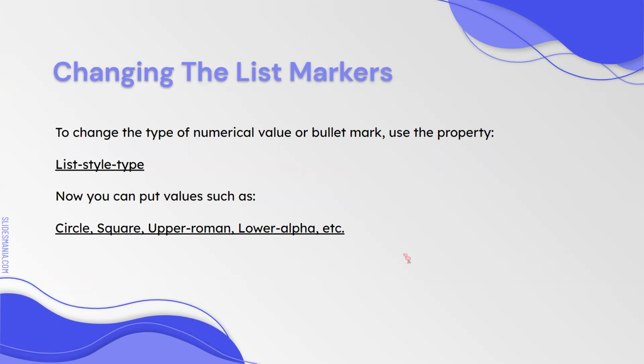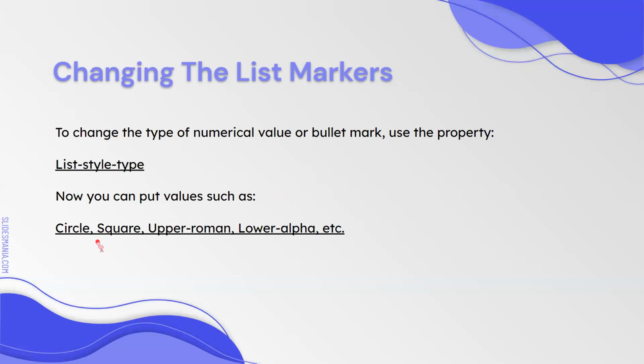So, changing the list marker. To change the type of numerical value or bullet mark, we use the property list-style-type. Now you can put in values such as circle, square, upper-roman, lower-alpha, etc. Circle and square are types of bullet marks or list markers you can put for an unordered list.